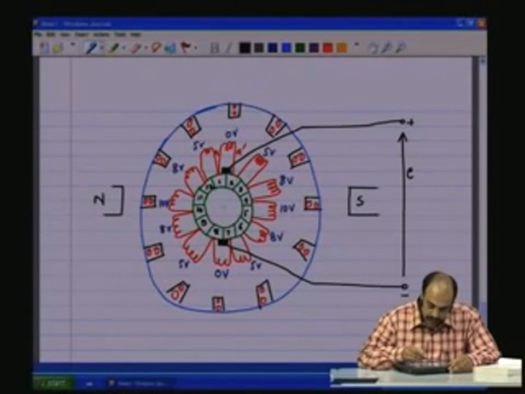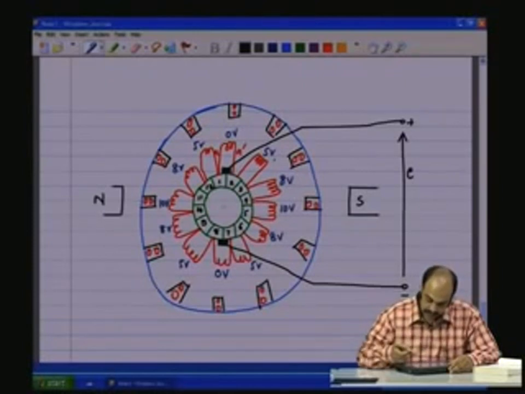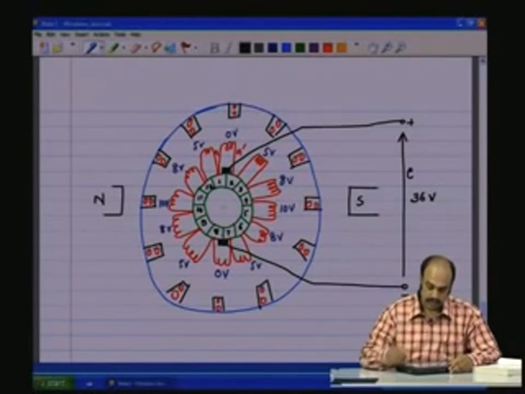So between 2 and 3 you have 5 volts, 3 and 4 you have 8 volts, 4 and 5 you have 10 volts, 5 and 6 you have 8 volts, 6 and 7 you have 5 volts, and between 7 and 8, 0 volts. Across the brush it is the summation of the 5 volt coil plus 8 volt coil, 10 volt, 8 volt, 5 volt. That would lead to 16 plus 10, 26, 36. So that will be 36 volts at this particular point. You will see that the ripple here will be much less than in the case of the 4 coil DC machine.